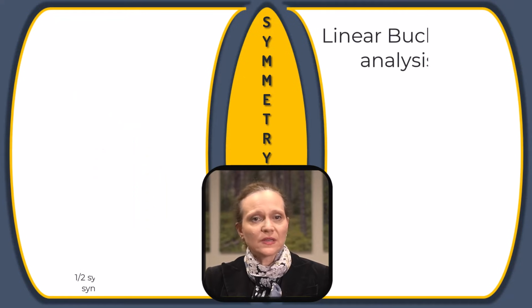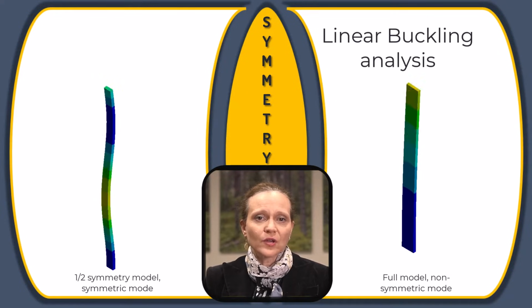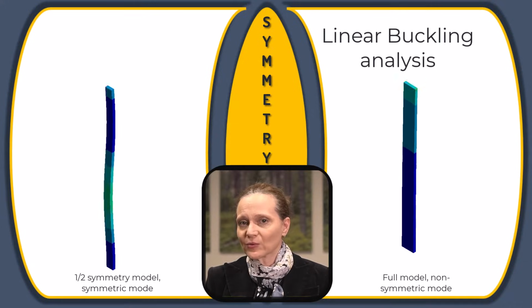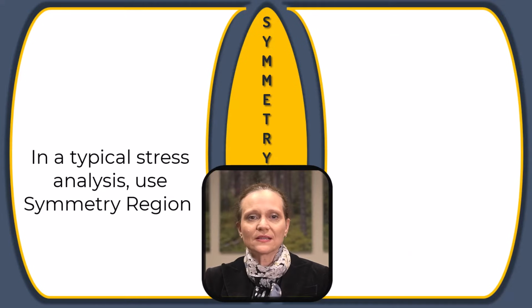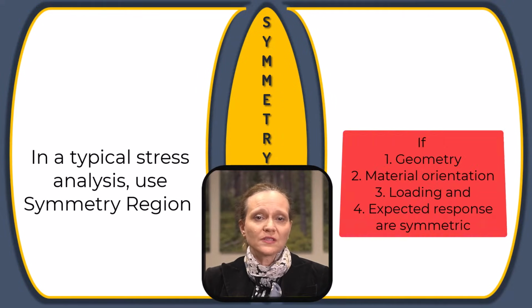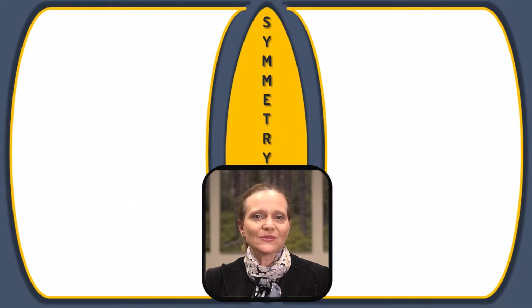Another example is linear buckling analysis, where using a symmetry model will omit non-symmetric buckling modes. However, for typical stress analysis, utilizing a symmetry region is usually beneficial when all of these four requirements are met. Let's now see how to set up, solve, and post-process a symmetry model in our walkthrough example in Ansys Mechanical.